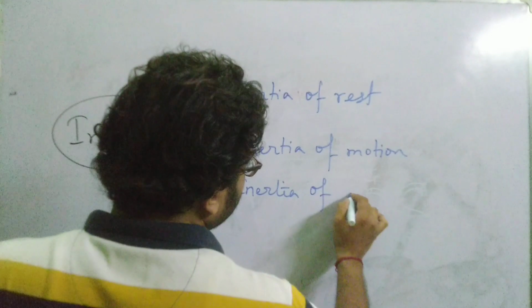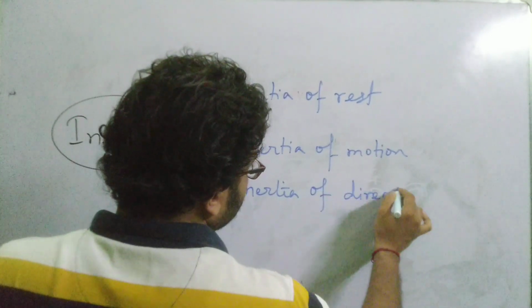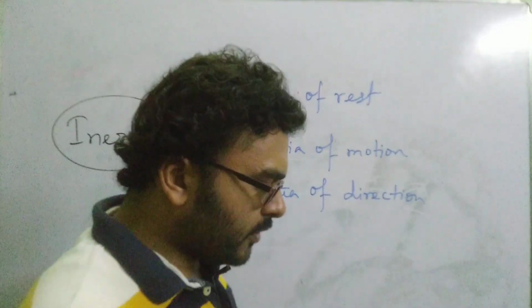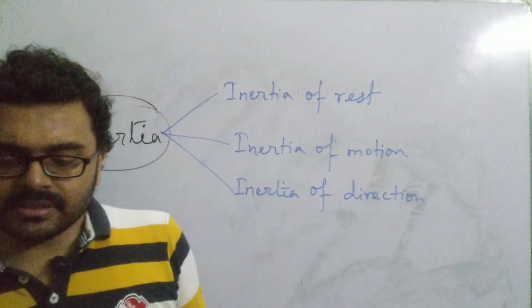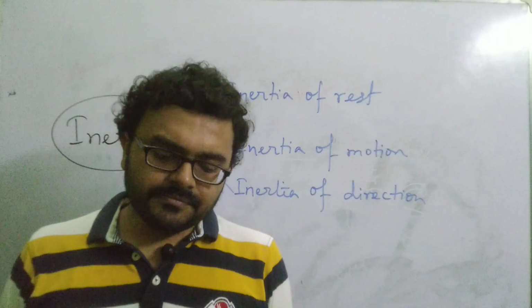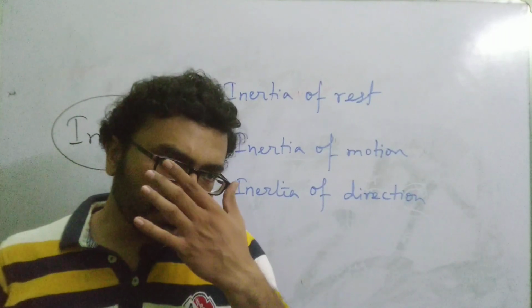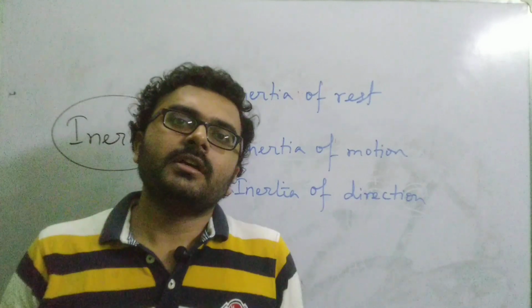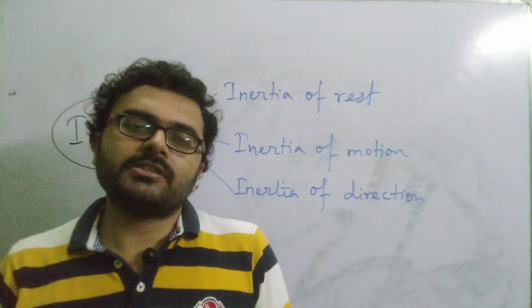So what is inertia of direction? A body when moving tries to maintain a certain direction. Say when you kick a football, it moves in a straight line path if it is moving on exactly plain horizontal ground.